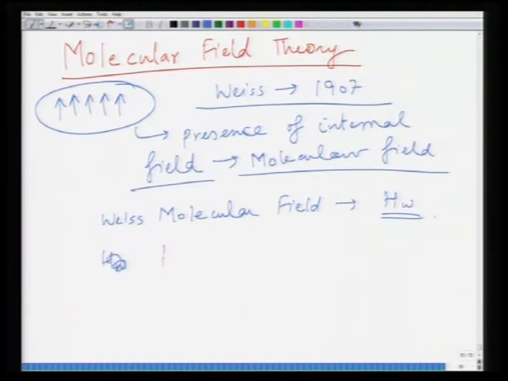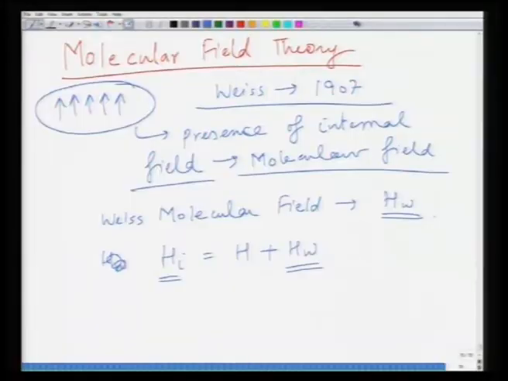So, the internal field inside the material now will be the applied field plus this molecular field HW. So, you have the field which is applied. Typically, if you take the internal field equal to 0, the total field which the material experiences will be only the applied field.